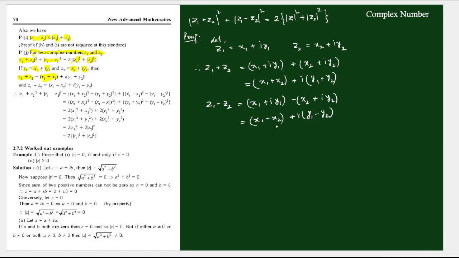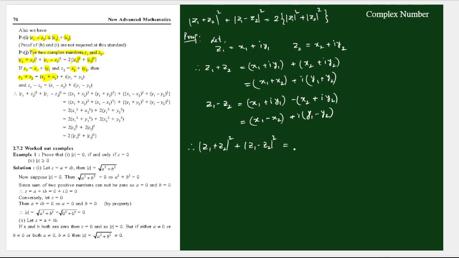Now from here you can do this one, left hand side: modulus of z1 plus z2 whole square plus modulus of z1 minus z2 whole square.